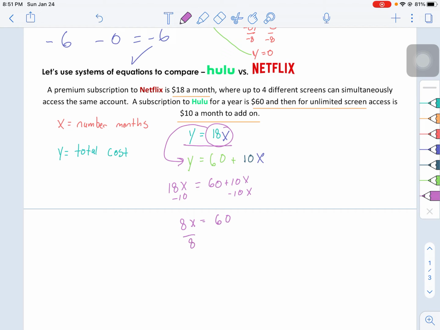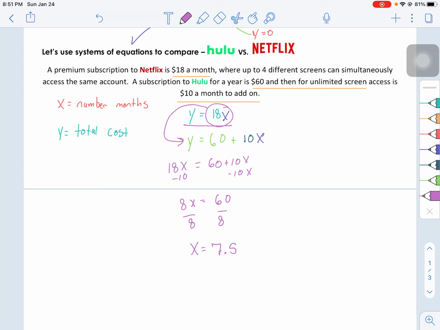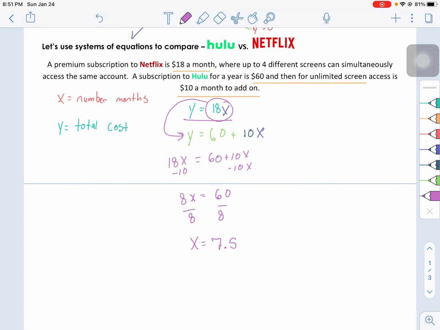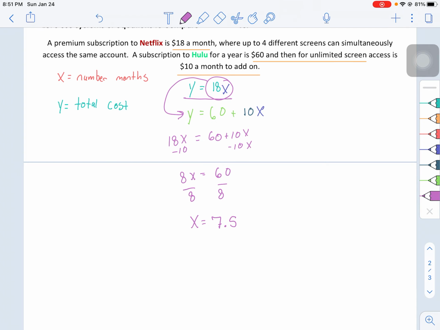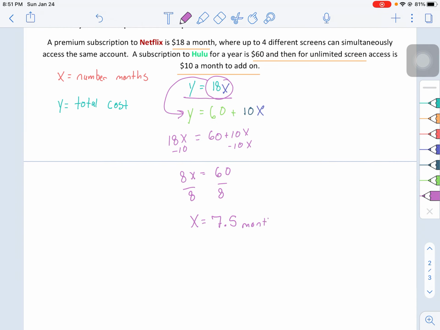And then we need to divide by 8 on both sides. Let's get the decimal for that. Sorry, it takes me a second to pull out my calculator here. 60 divided by 8 is going to give us 7.5. So x is equal to 7.5. All right. And yeah, that's good. So 7.5, and that's months specifically.